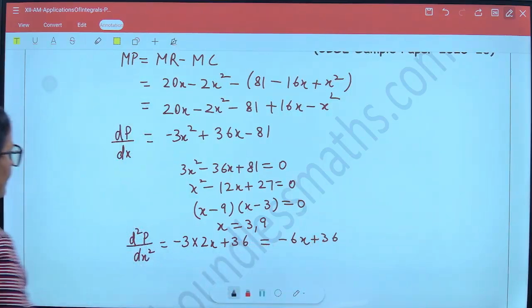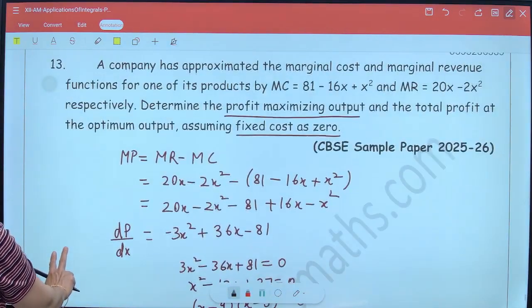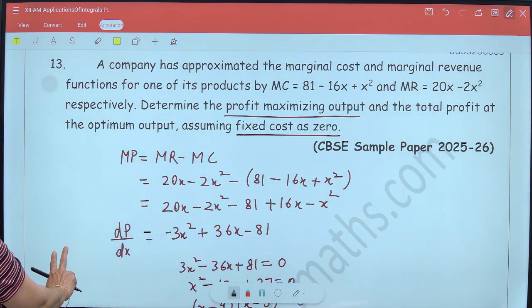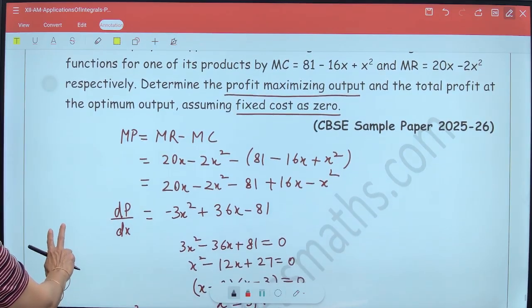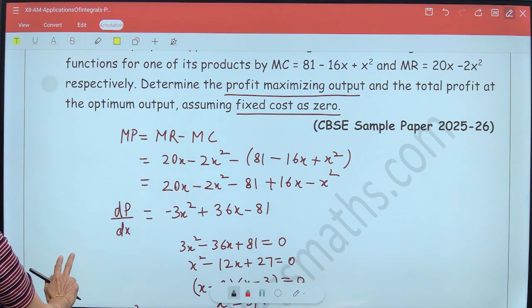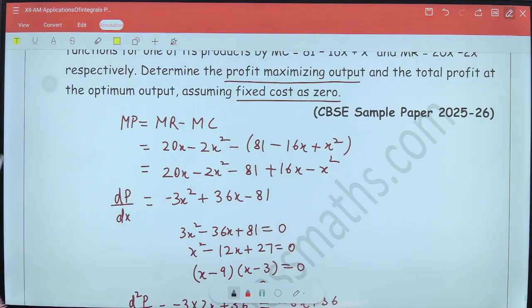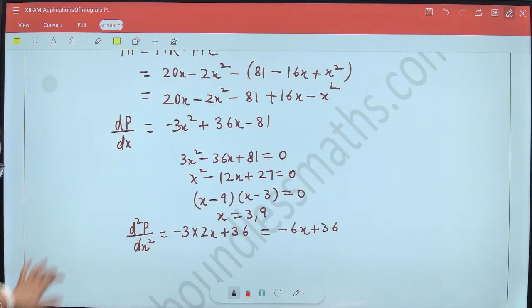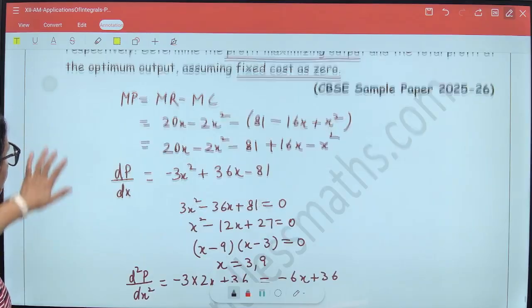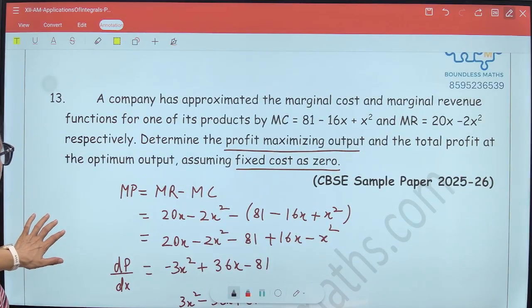So this is the second derivative. Now let's have a look at the question again. Determine the profit maximizing output and the total profit at the optimum output assuming fixed cost as 0. So that means this is any value of x given here.